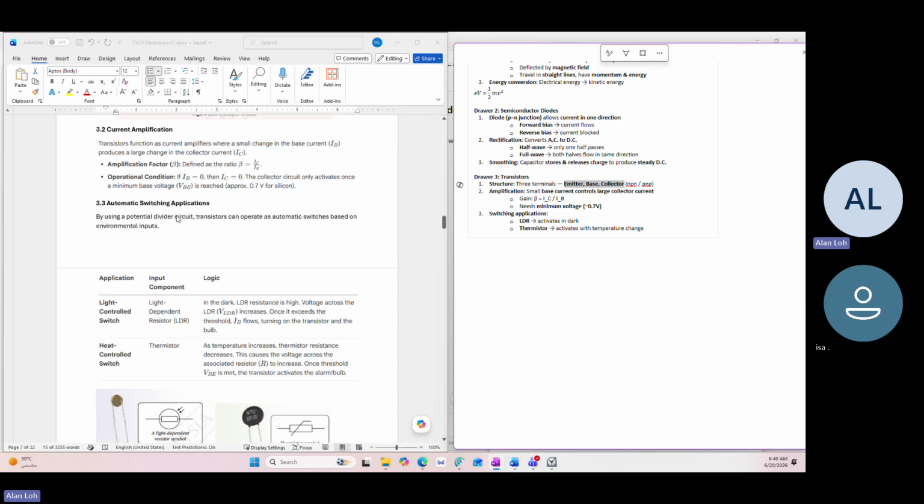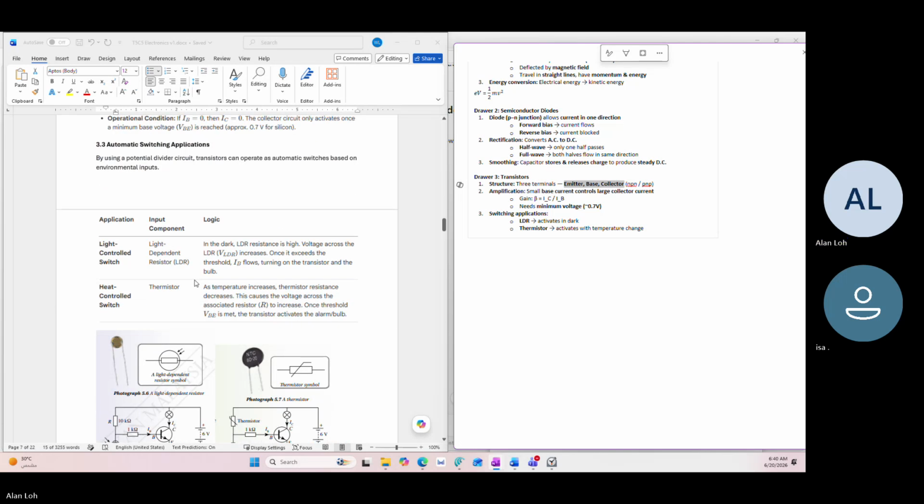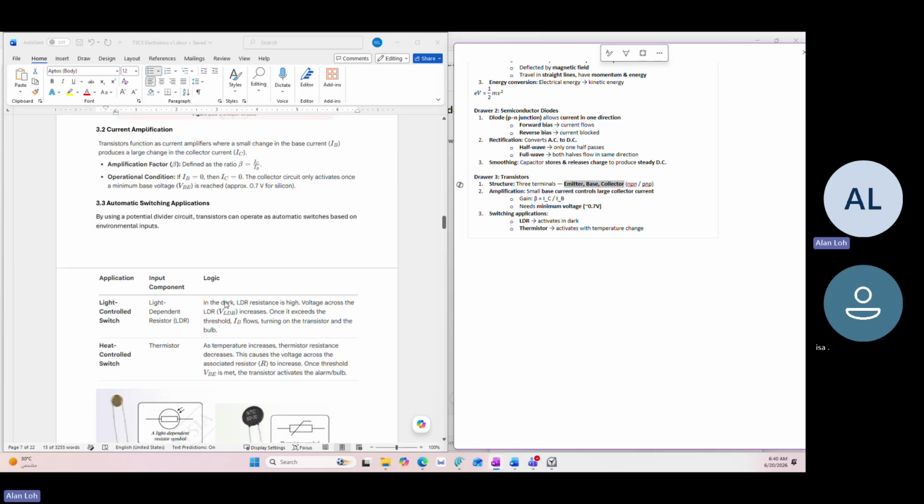As you read this further, for 3.2 to 3.3, we'll do 2 minutes. I'm going to slow down a bit to show you the diagram later.